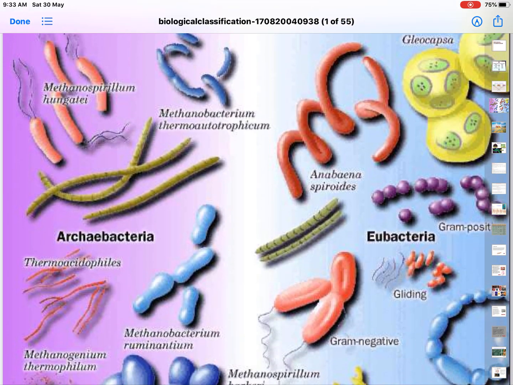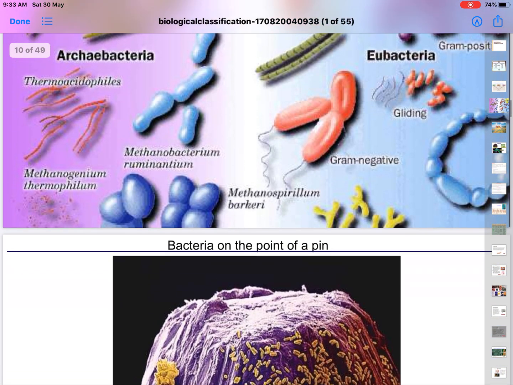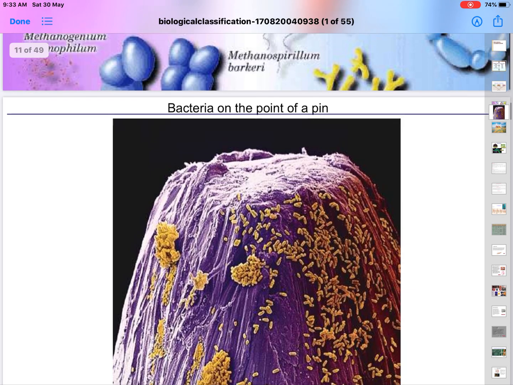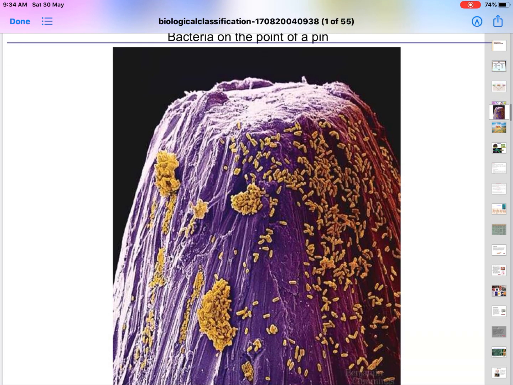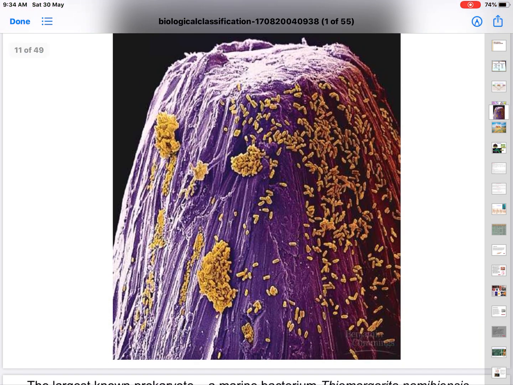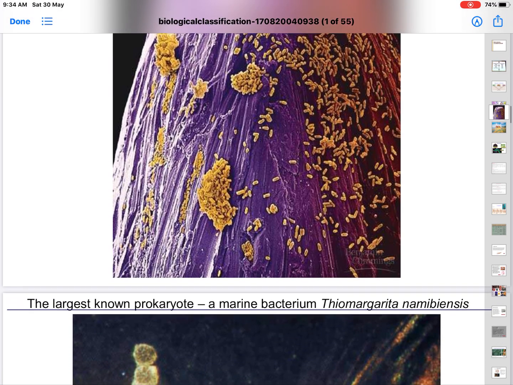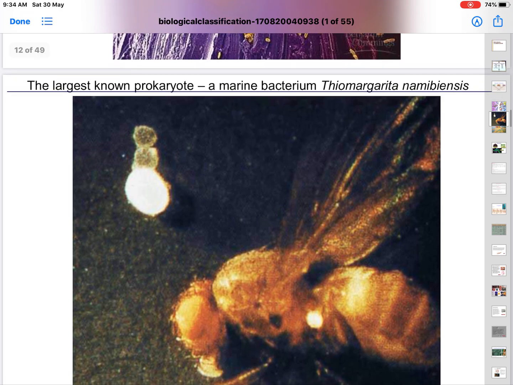Look at the examples of archaebacteria and eubacteria. Please read every picture that is shown to you, and you will be surprised that on the point of a pin, look at the bacteria. How many bacteria will be there just on the tip of a pin? This is how they spread.